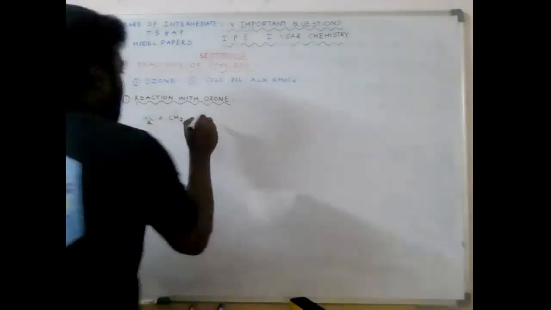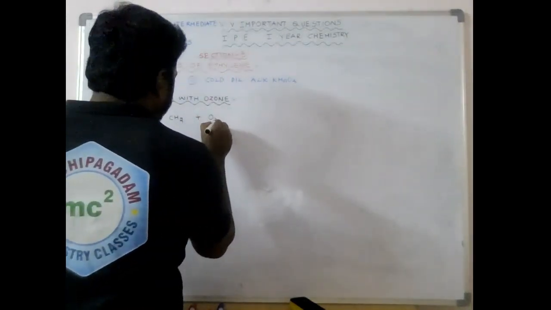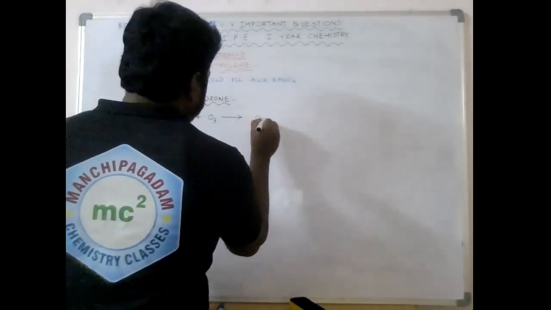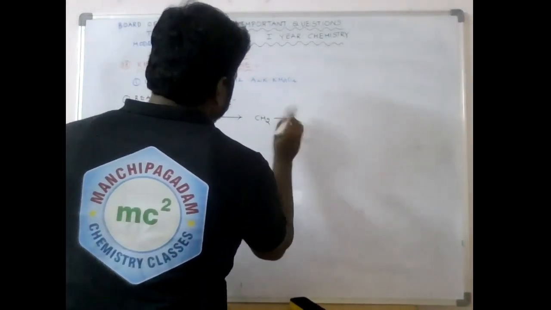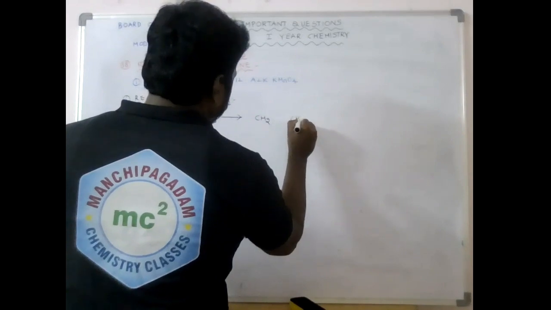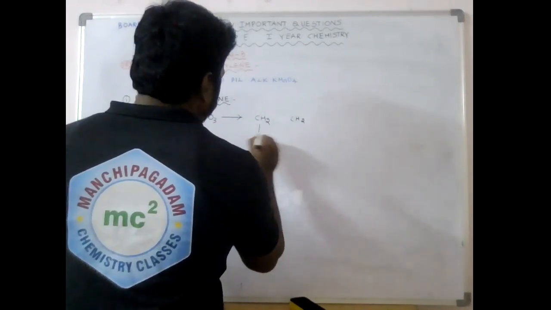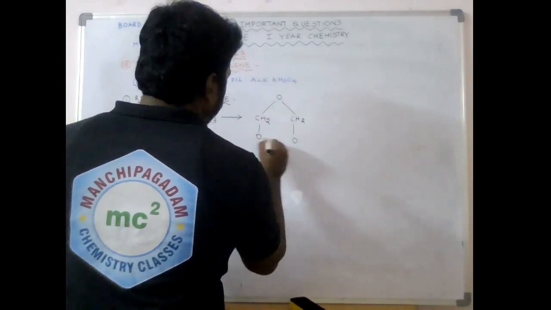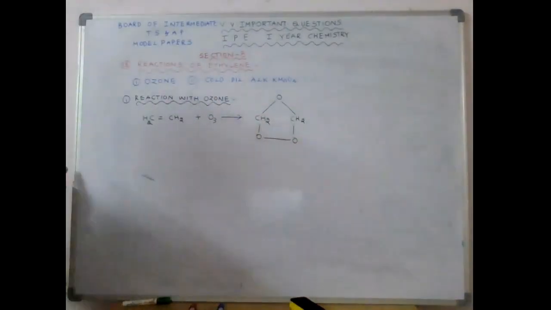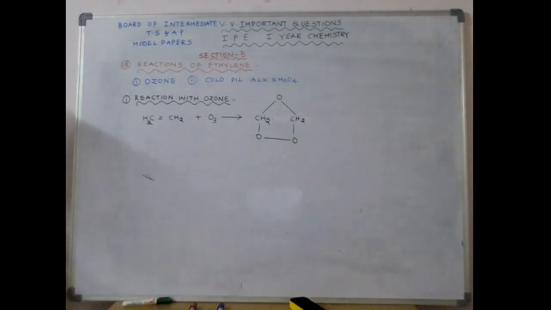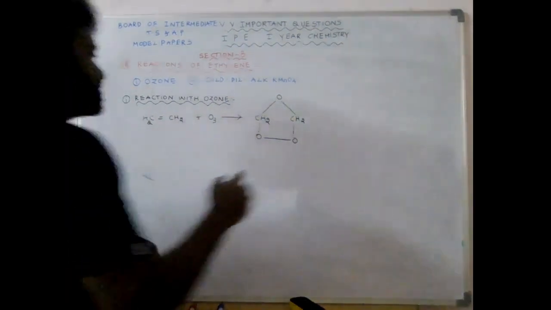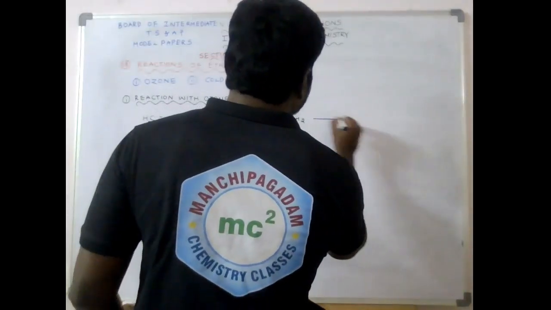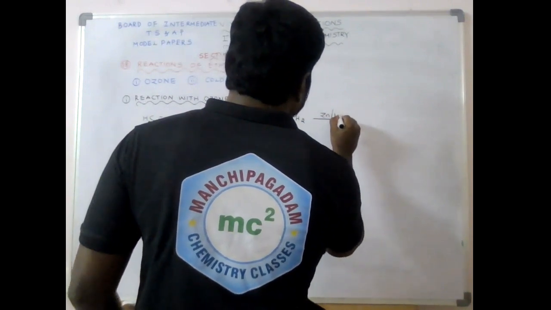Ethylene reacting with ozone, O3. First, we will get CH2, CH2, and here one oxygen, here one oxygen, here one oxygen. Okay, this is called ethylene ozonoid, which undergoes hydrolysis in the presence of zinc.